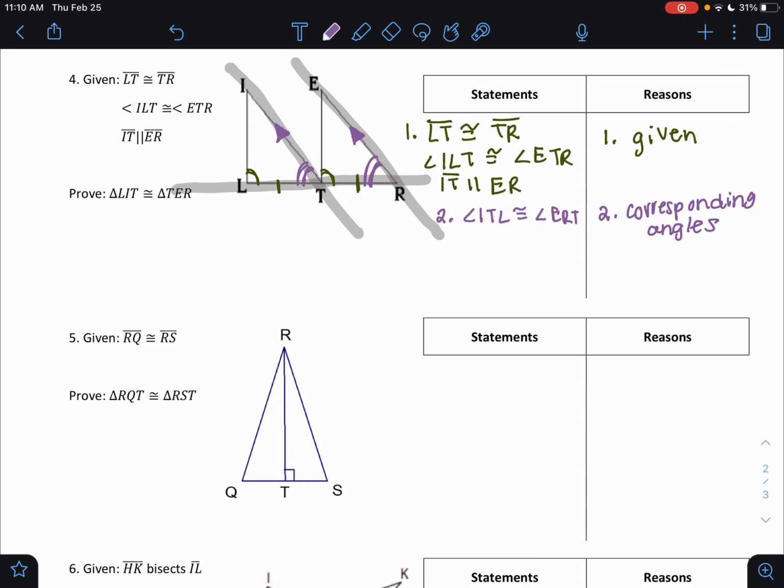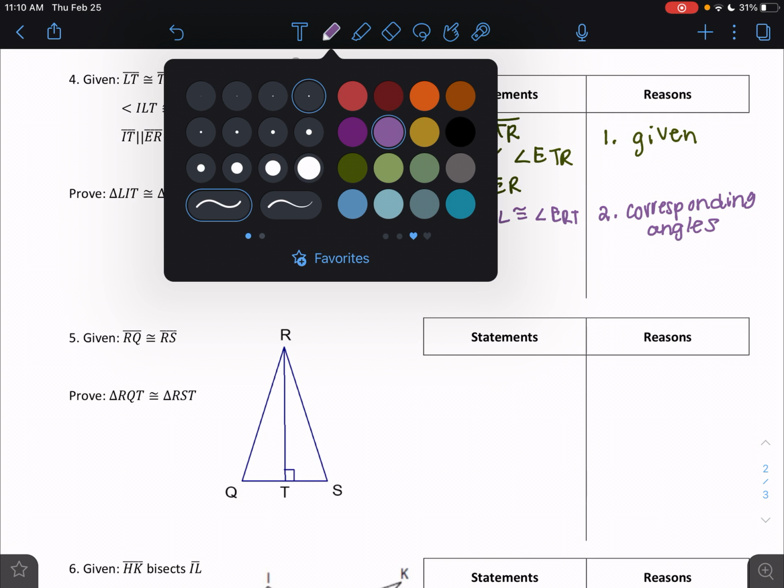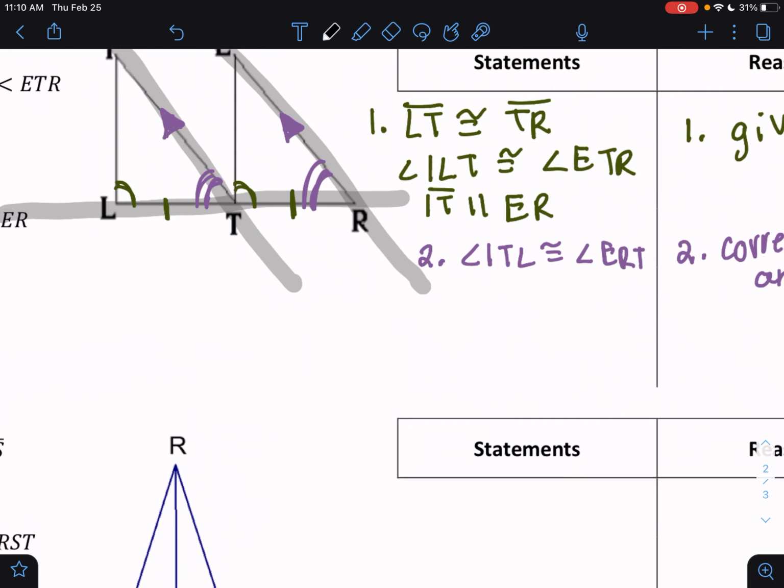Now, I have enough information to prove it, right? I'm going to write on the side here what I have. So like right here, I have an angle that's proven. Oh, sorry, this first one's a side. And then down here, I have another angle.